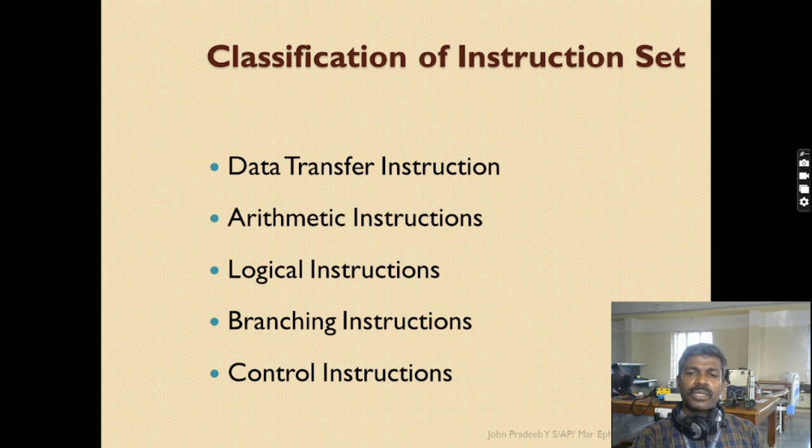The next, control instruction. Control instruction means there are control operations available. So control-operation-making instructions are grouped together as the control instruction. So that's about the instruction set. Next, we can see the data transfer instructions in detail, one by one.